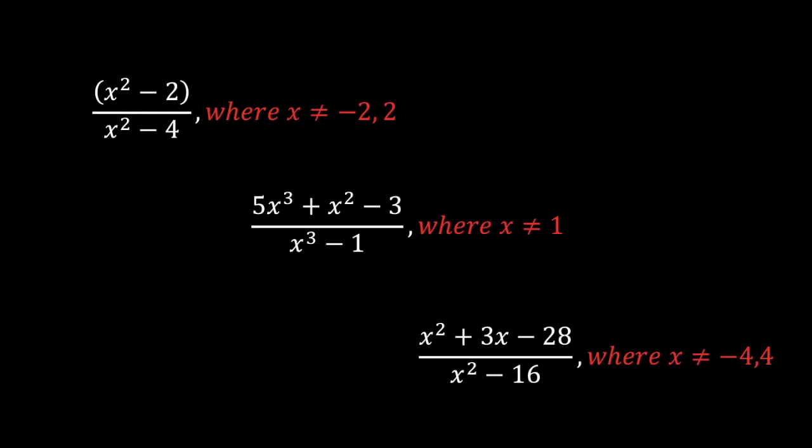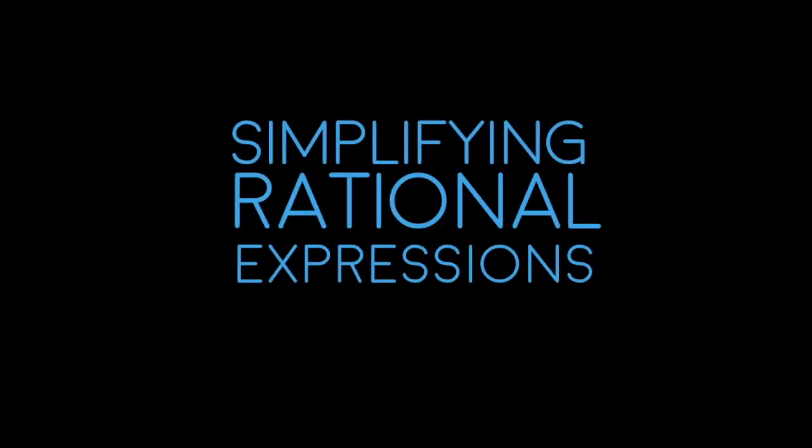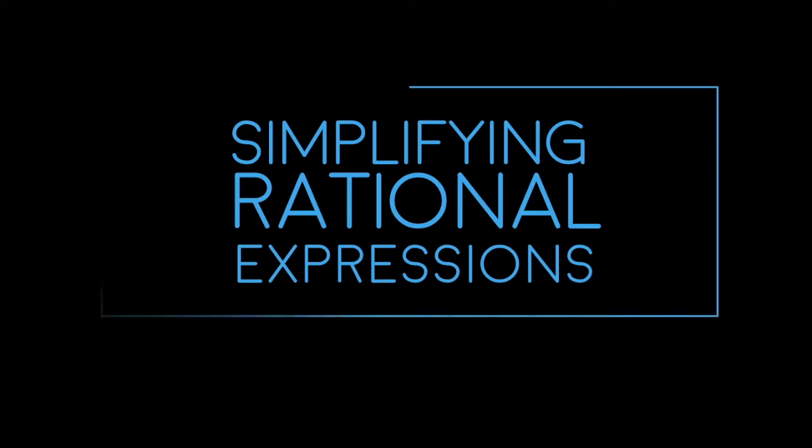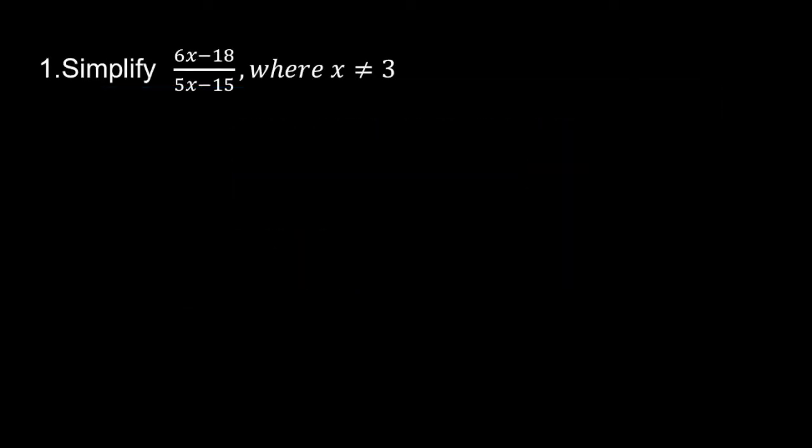Now that we know what rational expressions are, we are now ready to simplify them. Let's begin with a simple expression. The first thing that you want to do when simplifying is completely factoring both the numerator and the denominator and see if there are factors which, when divided, equal 1.